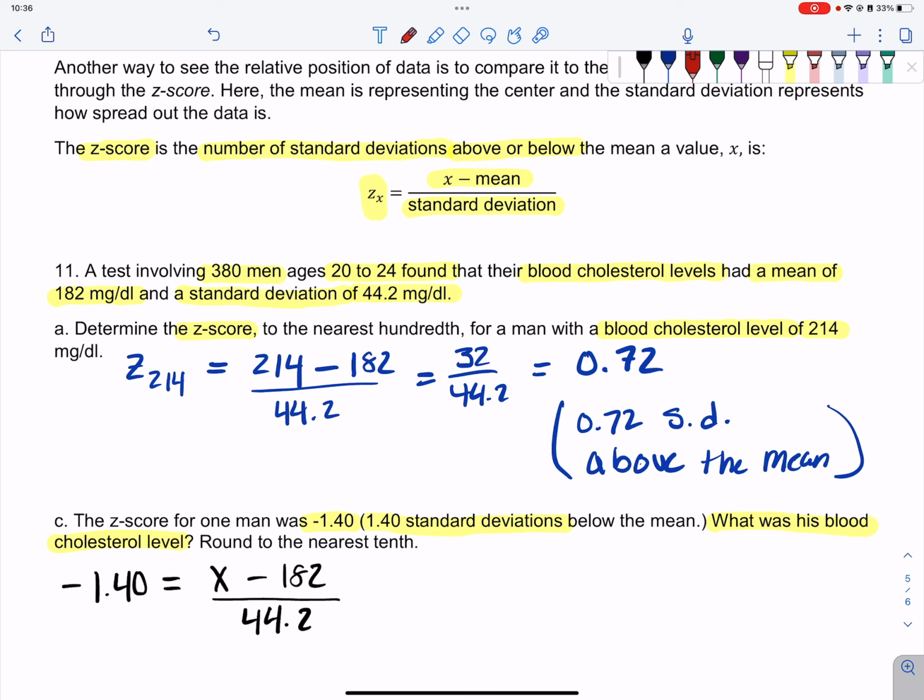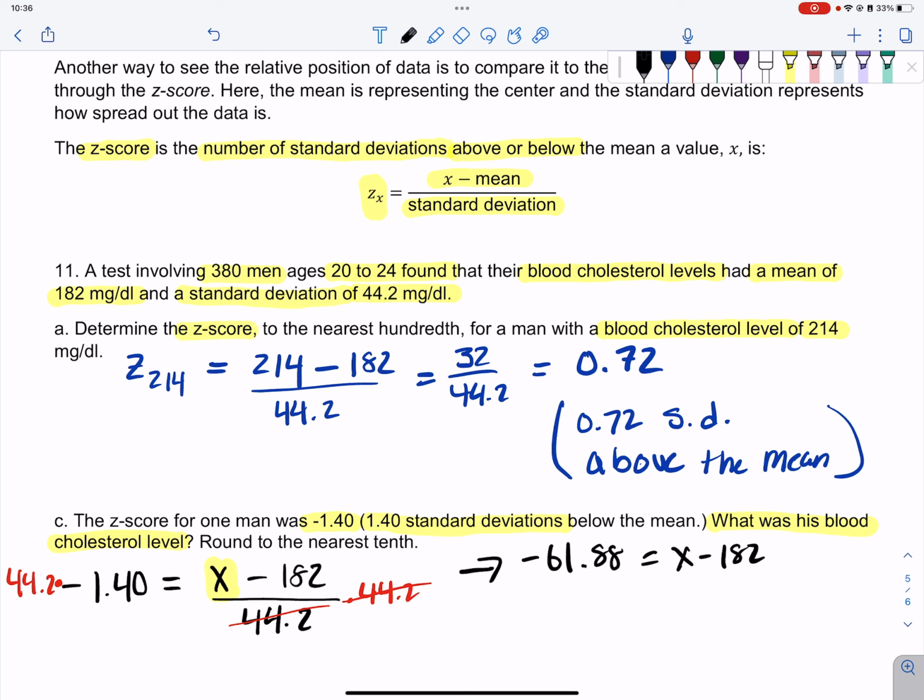So I want to solve this equation for x, which means we want to get it by itself, which means we need to first deal with this division by 44.2. So I'm going to multiply both sides by 44.2 to cancel that out. So 44.2 times negative 1.40 gives us negative 61.88, and that's equal to x minus 182.